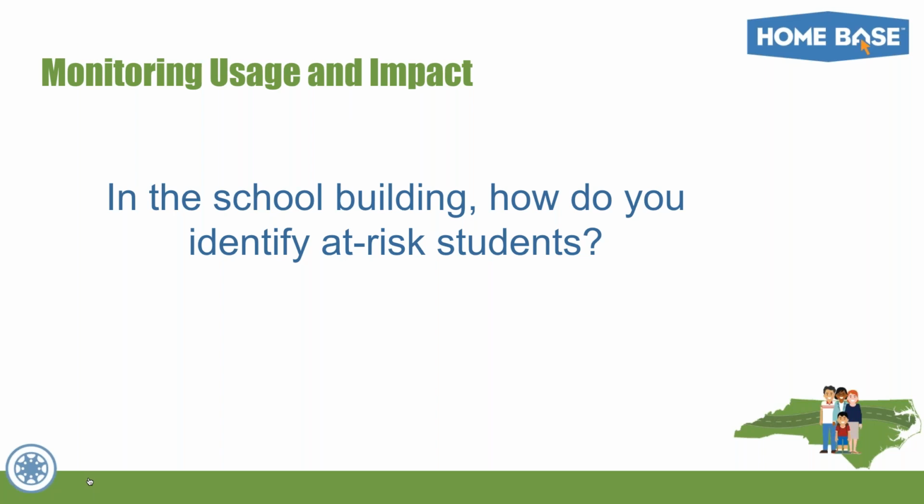But I wanted to spend a little bit of time first to talk about what we would do in a face-to-face situation. In the school building, what do we do to identify at-risk students? Outside of this particular crisis, and outside of remote learning that we've all had to adjust to, how do we identify at-risk students?